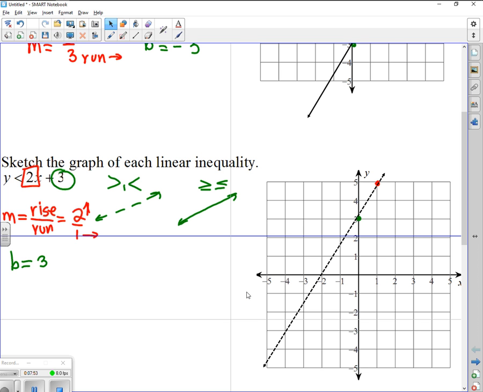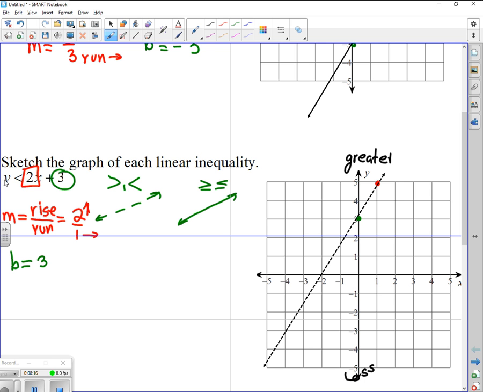Okay. Now, very, very important. Remember, on this side, the y is getting bigger and bigger and bigger as I move up. As I move down, the numbers become smaller and smaller.